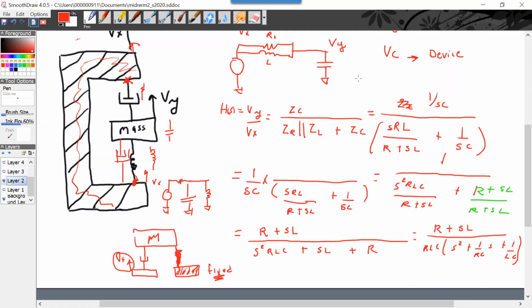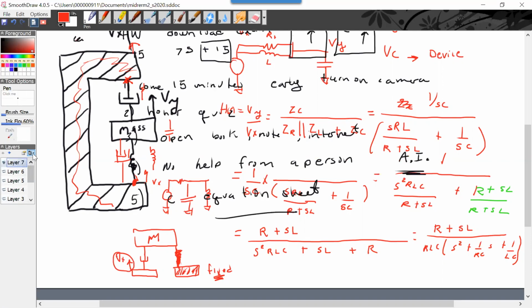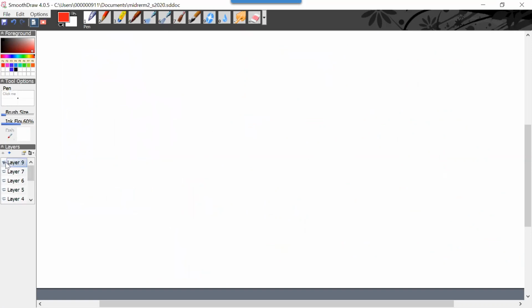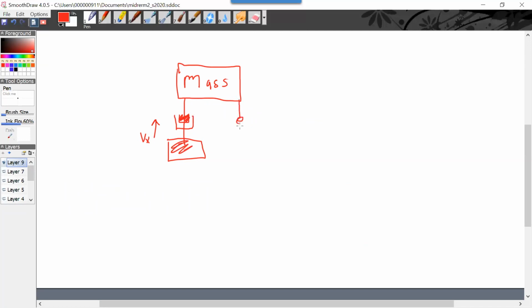Now, I just thought of a new question. Let's say I had a mass, and I had Vx, so that means this platform is moving, at a spring.